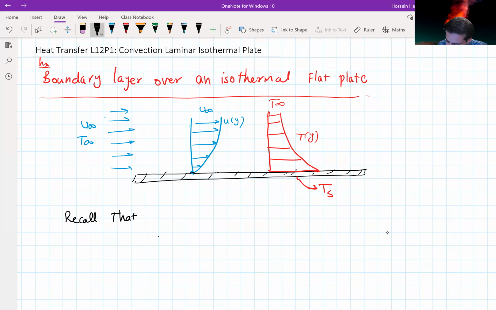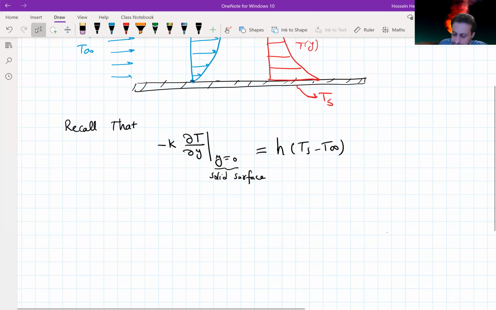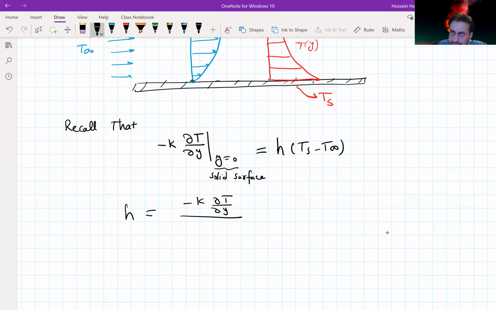So the conduction close to the plate, dT/dy at y equal to 0, which is the solid surface, is dissipated to the fluid by convection, h of Ts minus T infinity. And from here, we get h equal to minus k dT/dy divided by Ts minus T infinity.